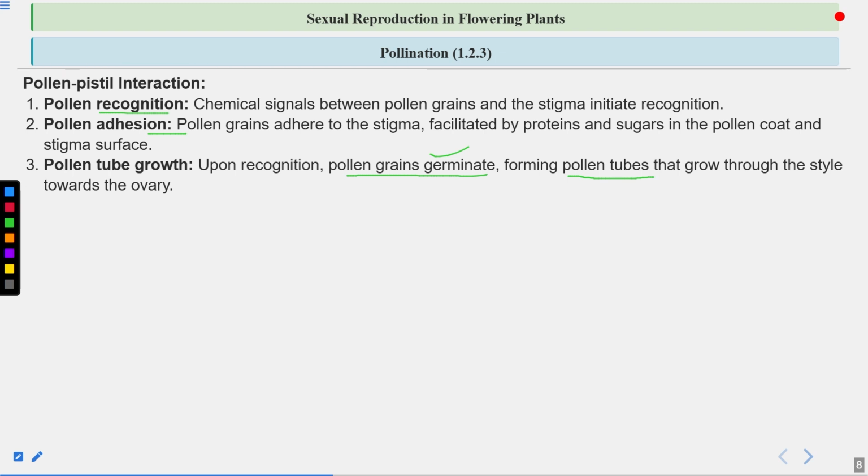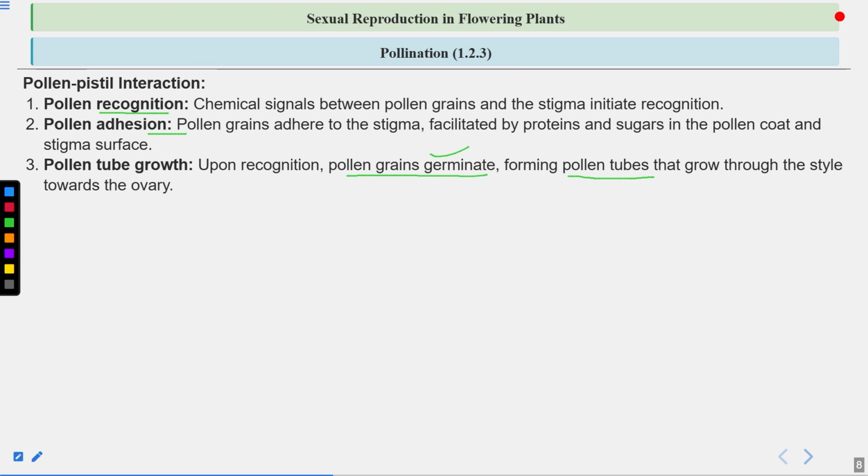Where are the germ pores present? Can anyone tell me? On the exine. Very good. They are present on the surface of the exine. The exine is made up of which component? Very good, sporopollenin.